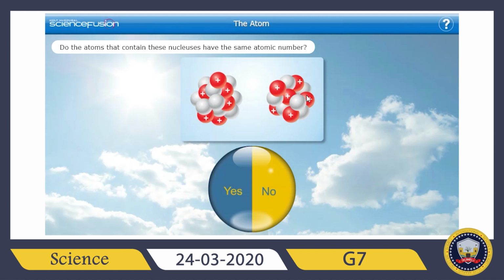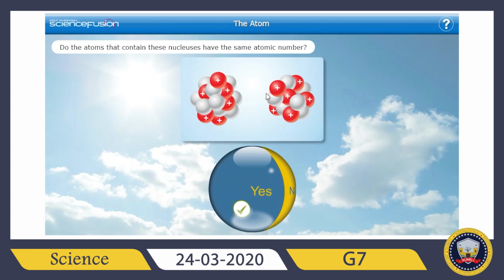But we also say that almost always neutrons are equal to the number of protons. So the problem is in this one, where we have more neutrons than protons. Basically we should say yes, the atomic number should be the same, because each nucleus has 6 protons.